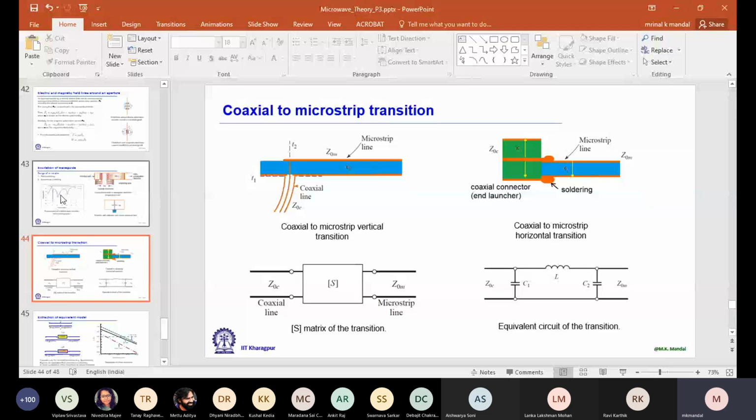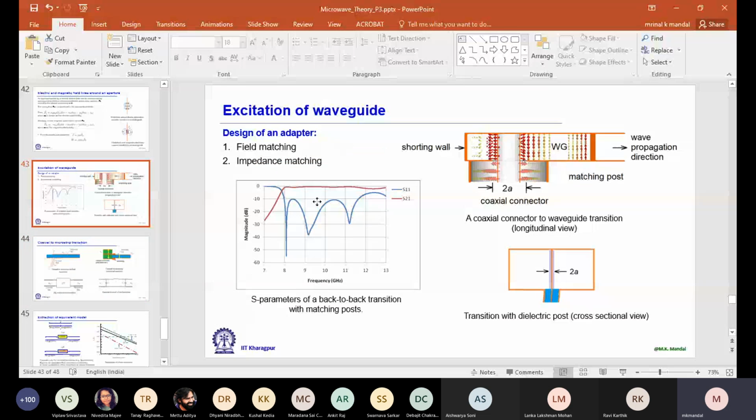So if I compare the result with this one, coax to waveguide adapter, it can start from 0.1 gigahertz to 18 gigahertz with at least minus 20 dB of S11. So you can compare this value. 0.1 gigahertz to 18 gigahertz. This whole bandwidth, just one adapter without any matching network, it can cover. And S11 is much below, let's say below minus 20 dB.